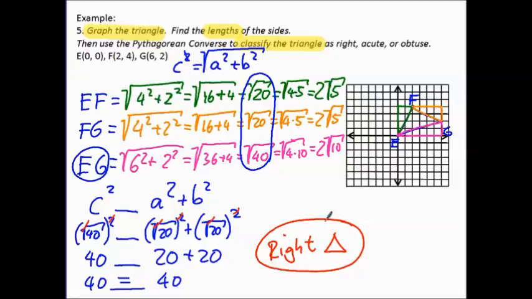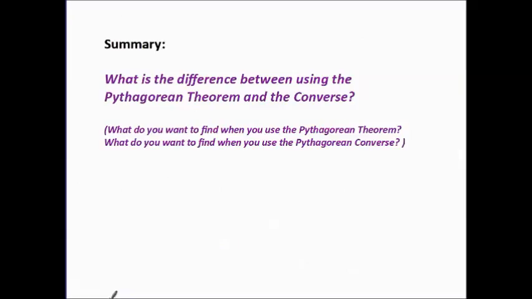That was a lot of work. Good job though, you guys, and we have done everything. We found our answer using the different concepts that we have learned in this lesson. So for your summary, what I would like you to do is spend a few moments and write what is the difference between using the Pythagorean theorem and the converse.